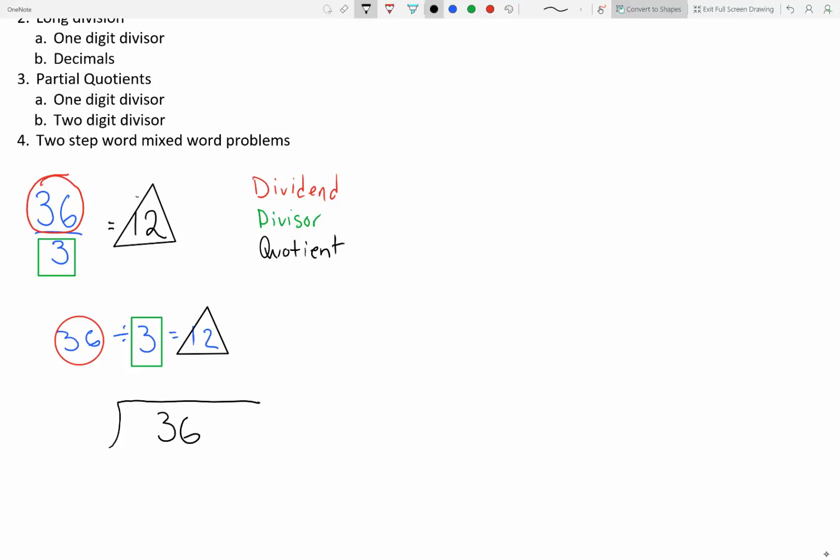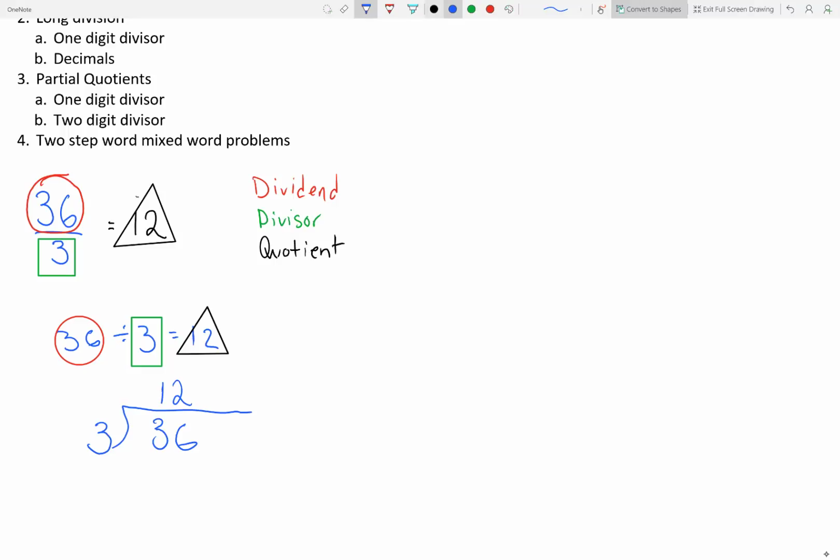And 36 divided by 3. Actually, let's do it in blue to keep it consistent. So if I was to write this number, 36 divided by 3, once again, equals 12.